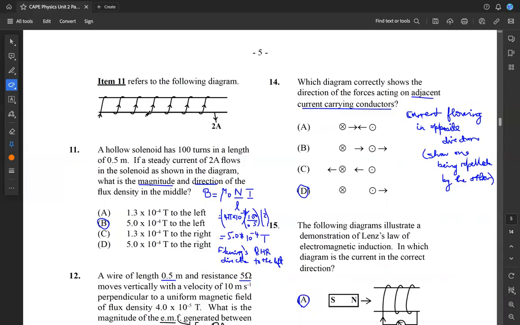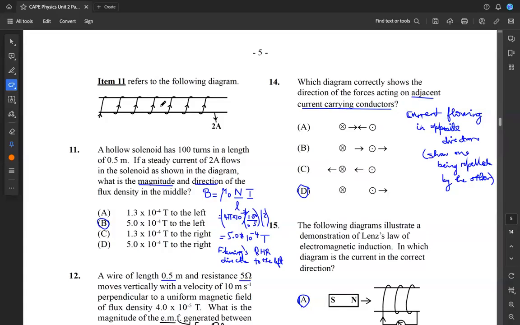Four fingers around it. So a hollow solenoid has 100 turns in a length of 0.5 meters. If a steady current of 2 amperes flows in the solenoid as shown in the diagram, in this direction, what is the magnitude and direction of the flux density in the middle?